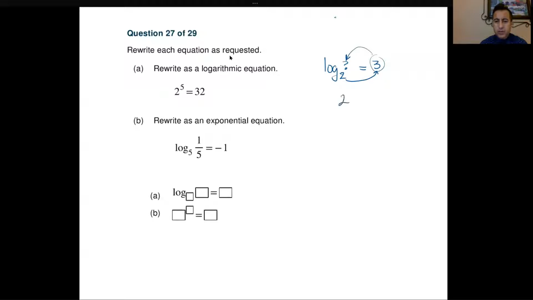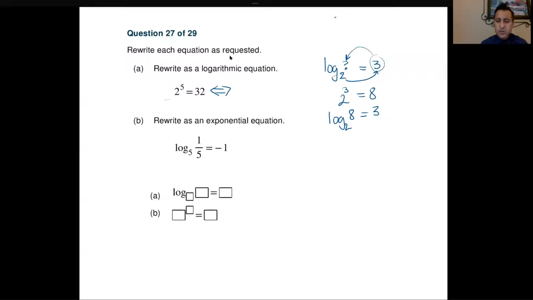And if we do that, 2 to the third power equal 8. So 2 times 2 times 2 equal 8. So here we should have log of 8, base 2 equal 3. So this is a simple example to keep in mind when you switch in these forms.